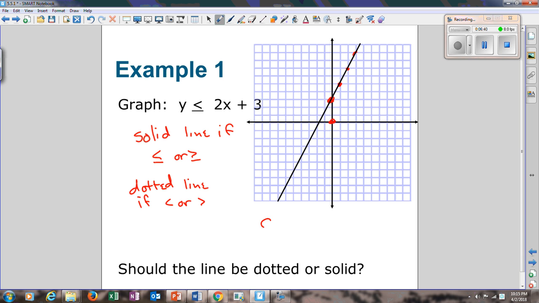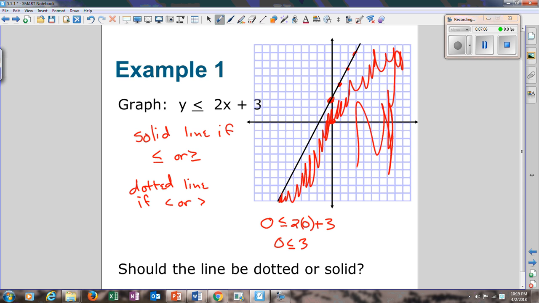So we plug 0 in for y: 0 is less than or equal to 2 times 0 plus 3. 2 times 0 is 0, so you get 0 is less than or equal to 3. Is 0 smaller than or equal to 3? Yes, so we shade on the same side that the point 0, 0 is. If that was false, then we would shade above the line.